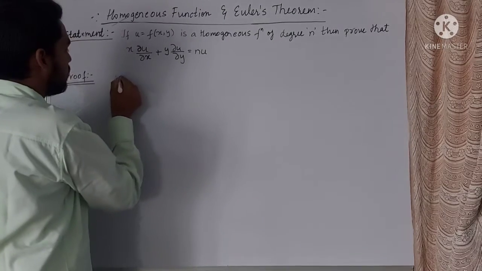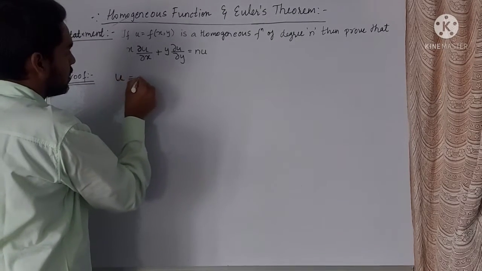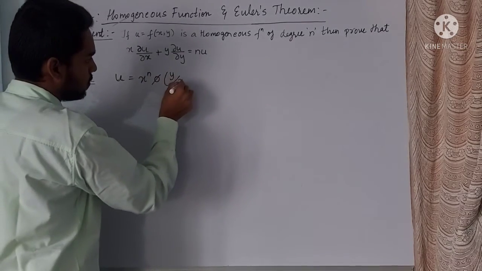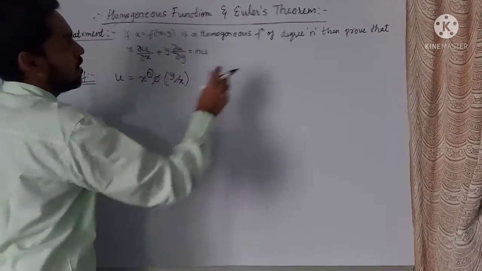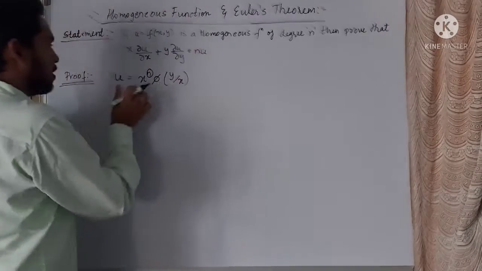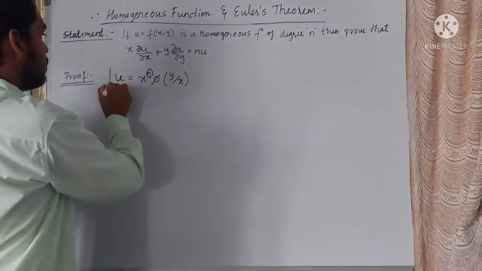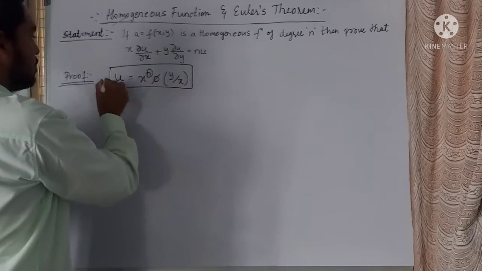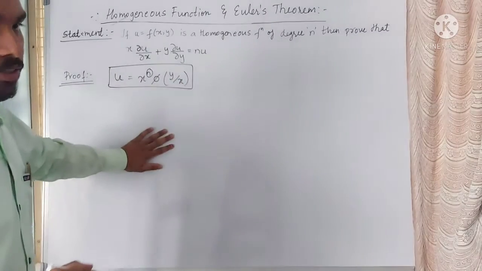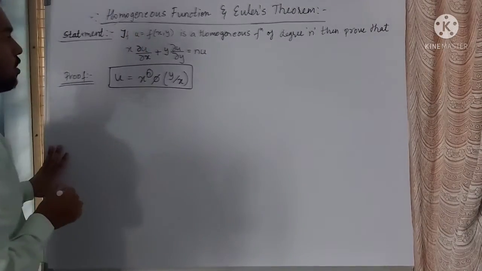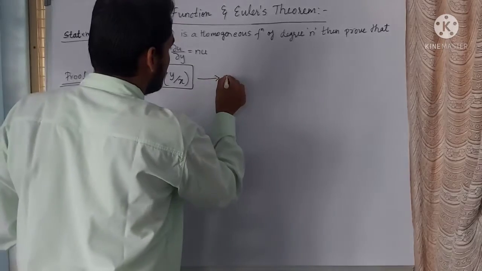So if u is a homogeneous function, we can write it as x raised to n phi of y by x, where n is the degree. This is the expression which we already dealt with a few minutes ago. Now let us consider this as equation number 1.